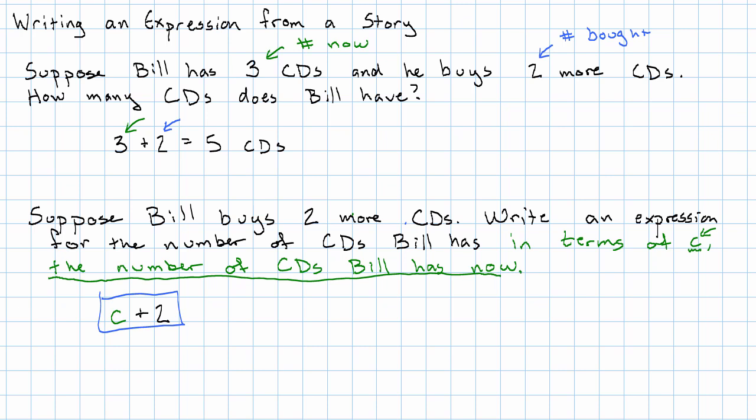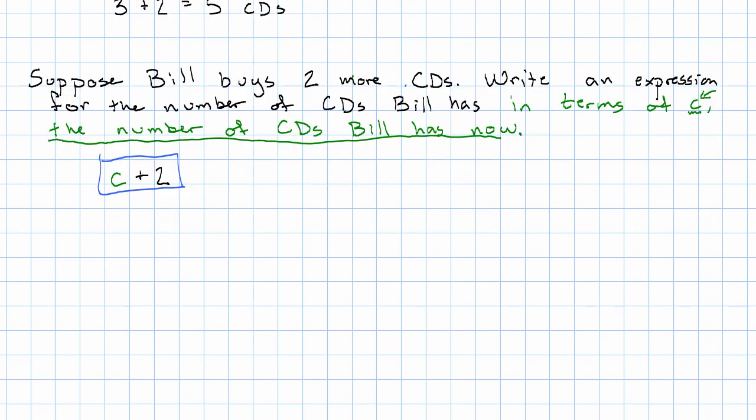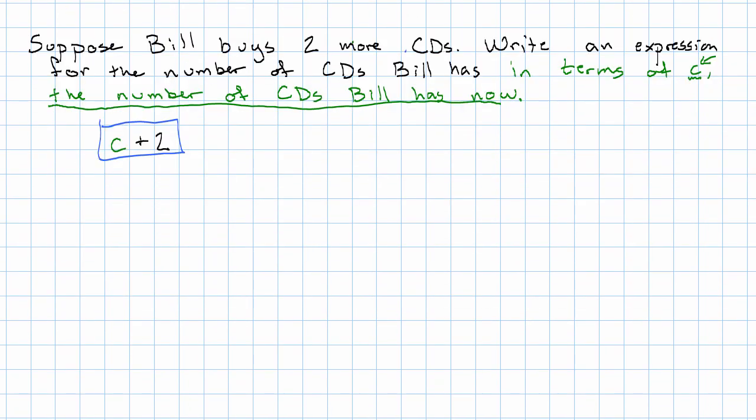Okay, how do we know what operation to use? Well, there are a couple of technical terms that might appear in a story for each operation. For addition, we might see the words sum or total. For subtraction, we might see the word difference.